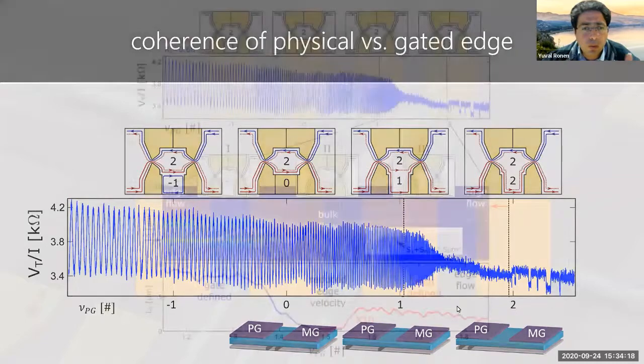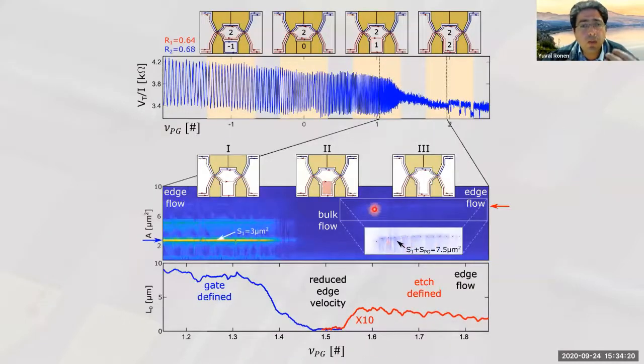Now, the way to really be sure that this is what's happening, you can stand at each of these plunger gate values, and you can scan magnetic field, okay? And then you can do the FFT of this magnetic field. So maybe it's a bit complicated slide, but the main idea is in this lower panel, and this lower panel basically shows you the coherence length of the gate defined versus the coherence length of the edge defined, okay?